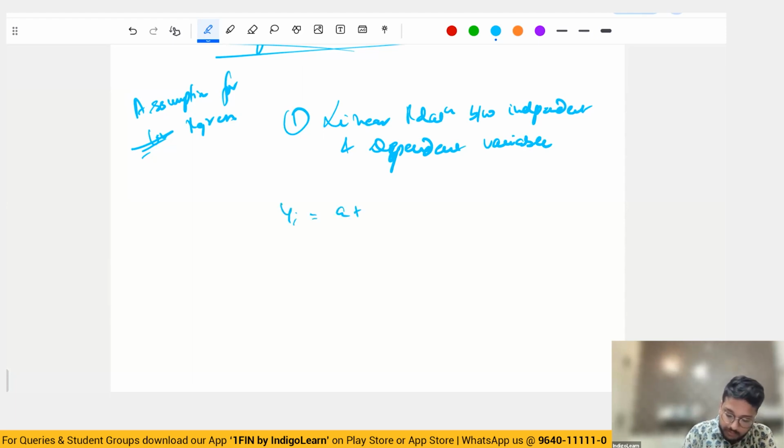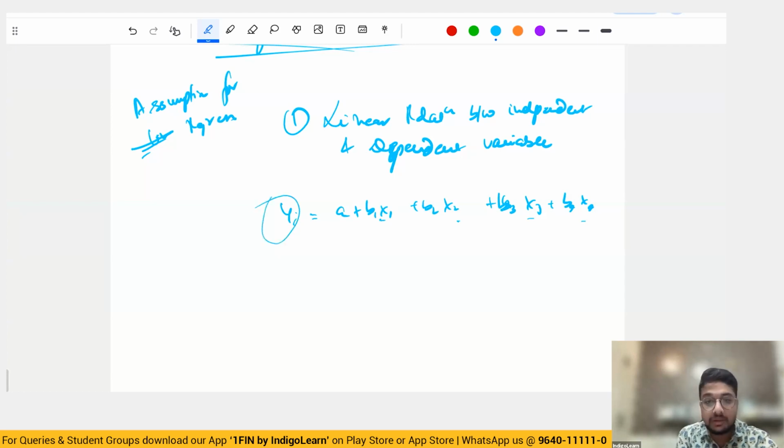Y equals A1 plus B1 X1 plus B2 X2 plus B3 X3 plus B4 X4. This is my linear relationship between dependent and independent variables. These are my independent variables, and this is my dependent variable in this case. Now, this is a linear relationship.